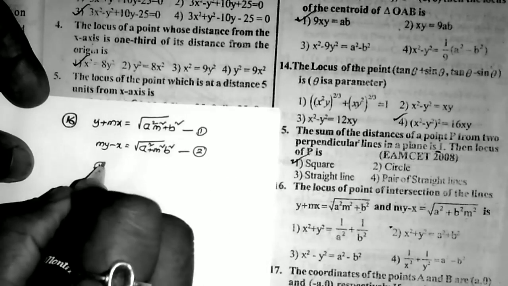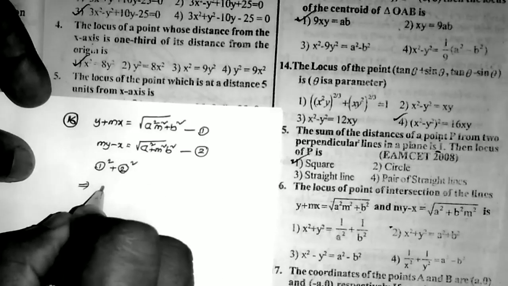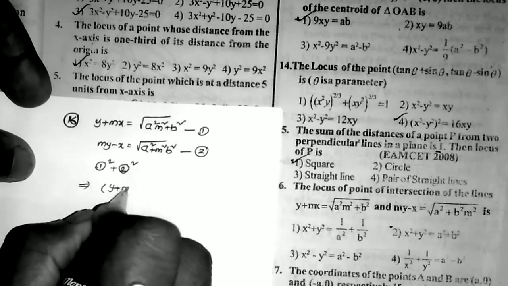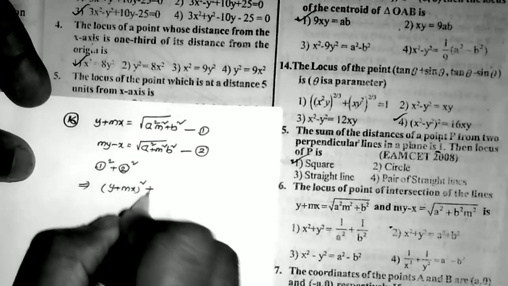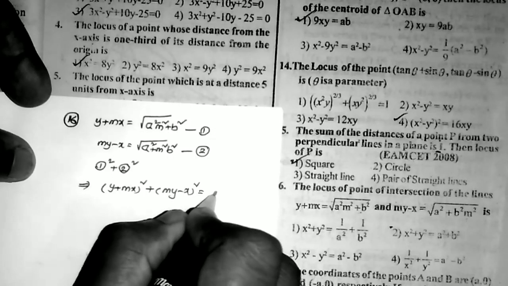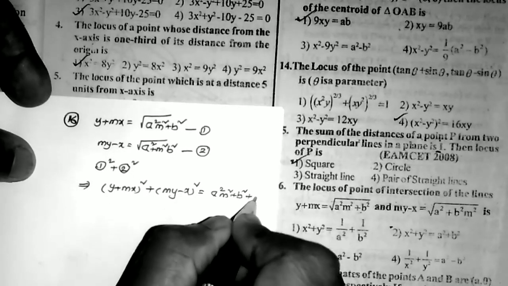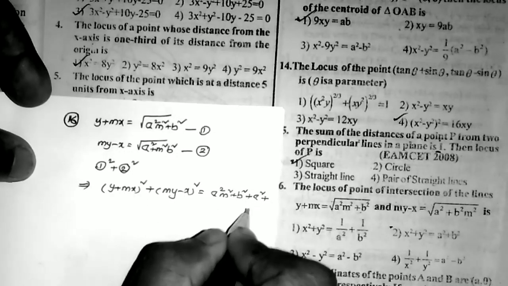Now I am doing 1 square plus 2 square, squaring and adding both of the equations. That is y plus mx whole square plus my minus x whole square is equal to, first value a square m square plus b square, and the second value a square plus b square m square.